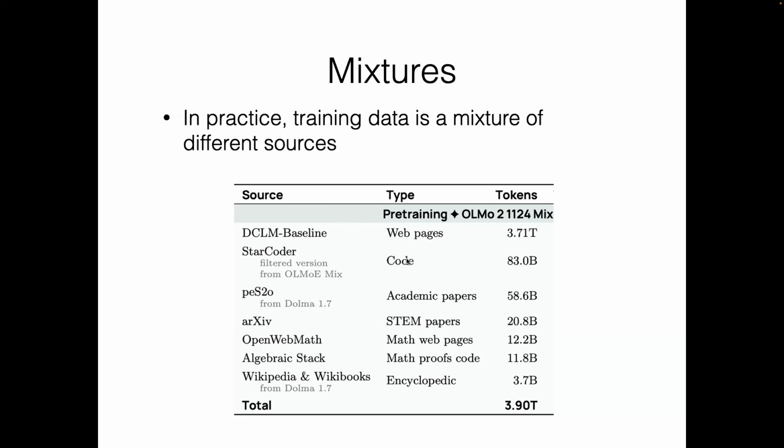So you do have web pages. You also have code. They use this OpenWebMath data set. They also use this data set, I was part of the project that created this one, and also include Wikipedia in there. So it's kind of cool looking at the exact mixture that they're using.